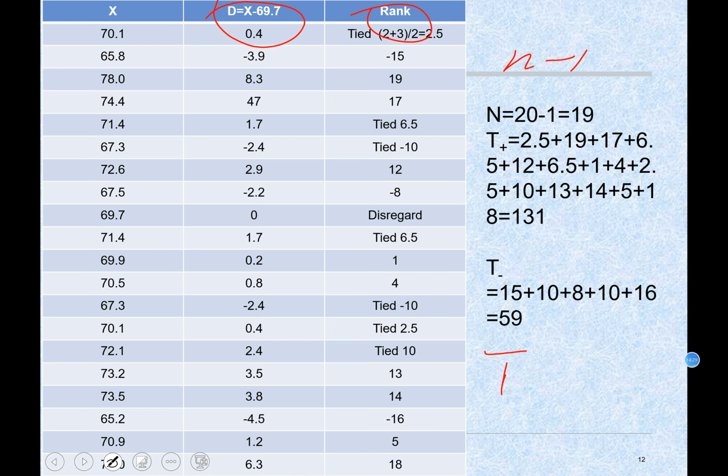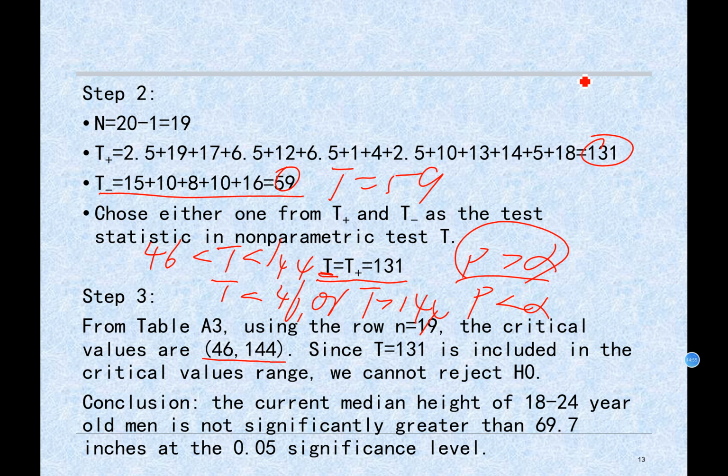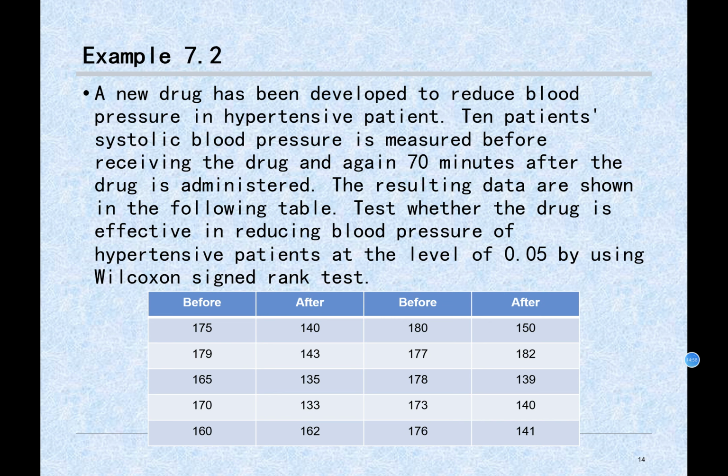But if the test statistic is outside the range, that means P is less than 0.05, less than alpha. If the test statistic is inside the range, that means P is bigger than alpha. Okay, so this is the Wilcoxon signed rank test for a one sample test.